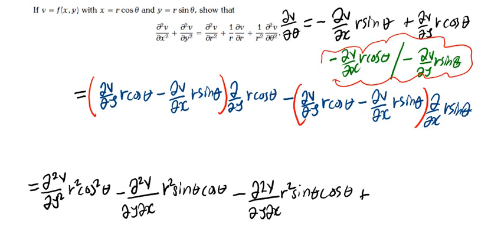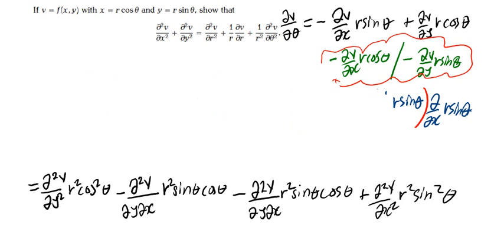So that should be positive second partial of v with respect to x there. That's going to be r squared sine squared theta, like that. It looks like I've already reached the final stage.